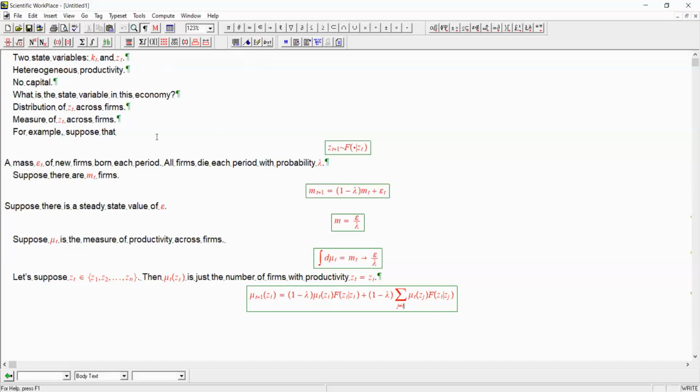Finally, one element of this model we had yet to discuss is that when there is a new firm, there's a mass of new firms here. Those new firms, of course, also need to have some productivity, and that needs to be drawn from some distribution. So let's say productivity of new firms is drawn from some distribution psi.